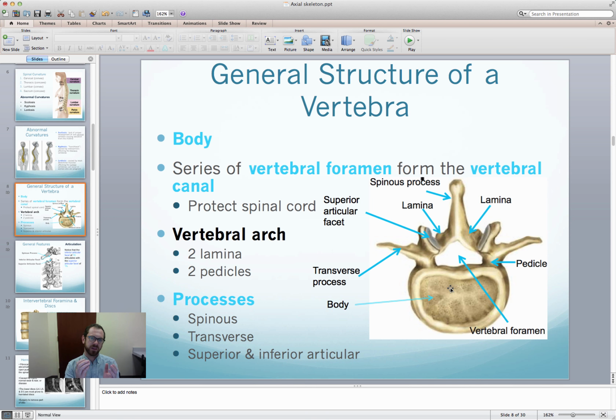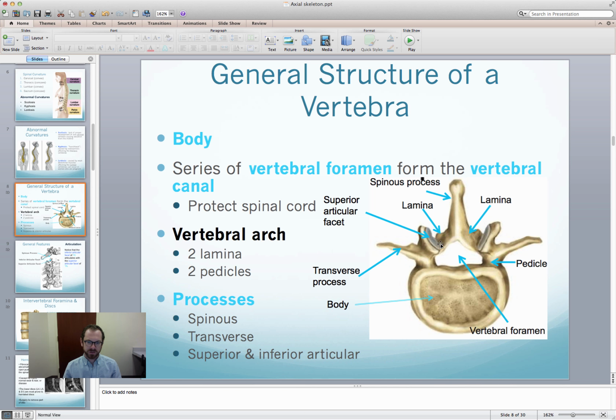This is where we're going to have that fibrocartilage, those intervertebral discs in between two vertebrae, and we also have this hole here. And recall that in anatomy and physiology, holes are called foramen, and this is called your vertebral foramen. And this is where your spinal cord is going to pass through. So when your vertebrae stack up, those holes are going to overlap, and that allows the spinal cord to pass through.